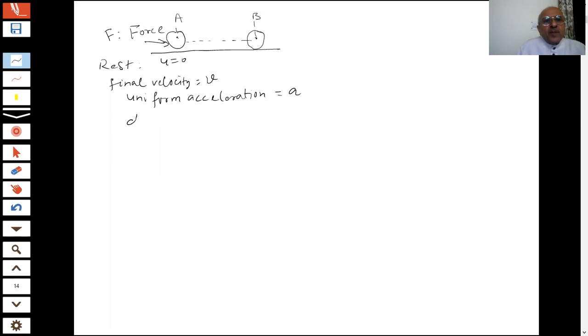So what will be the displacement of the object, which I am calling S? This distance is S, the displacement.